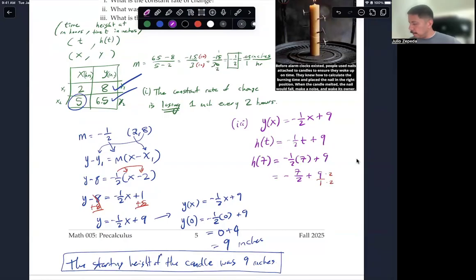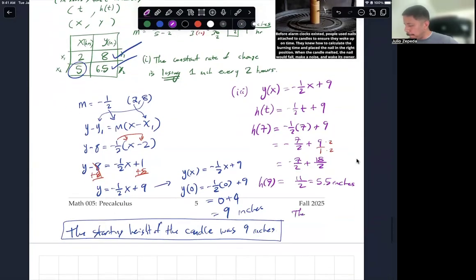And so we have negative 7/2 plus 18/2 equals 11/2, which is exactly 5.5 inches. So the height after 7 hours is 5.5 inches. We write the sentence to demonstrate our understanding.